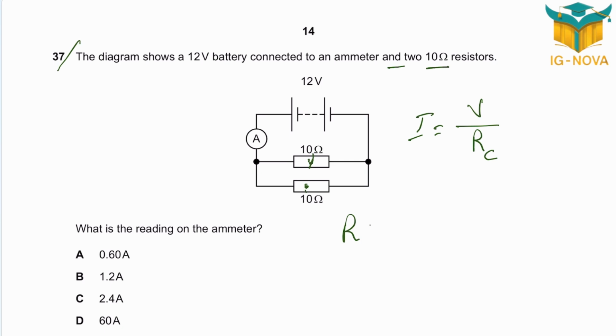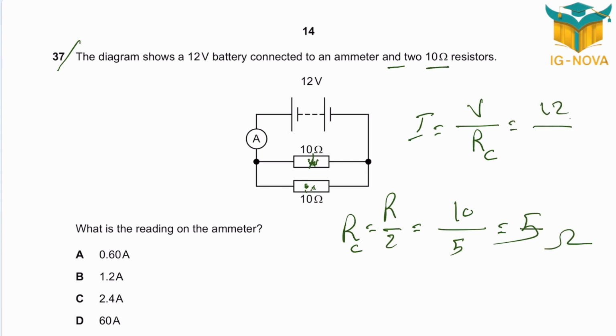To find combined resistance for 2 resistors equal in magnitude, it's one of them over 2, which is 10 over 2. The answer will be 5 ohms. So here, voltage is 12, RC is 5, 12 over 5, it's 2.4 amperes. Easy.